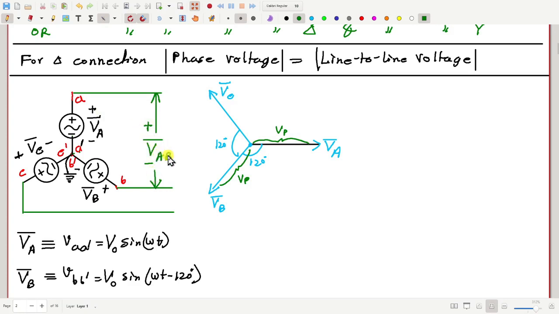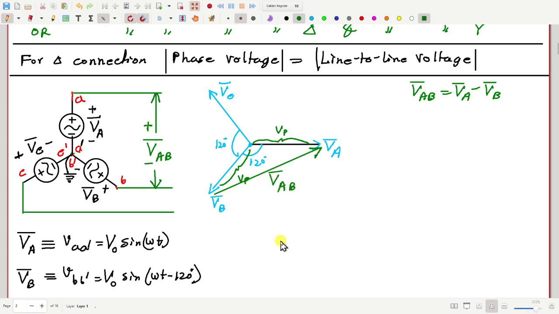Now how much is VAB? VA minus VB. Absolutely right, VA minus VB. So in this phasor diagram, let us find that. VA minus VB will be this line pointing from B to A. So this is VAB bar.